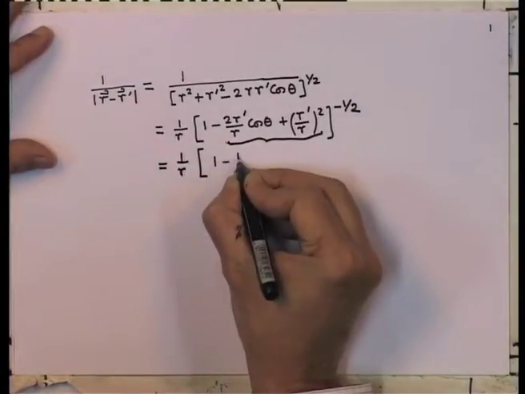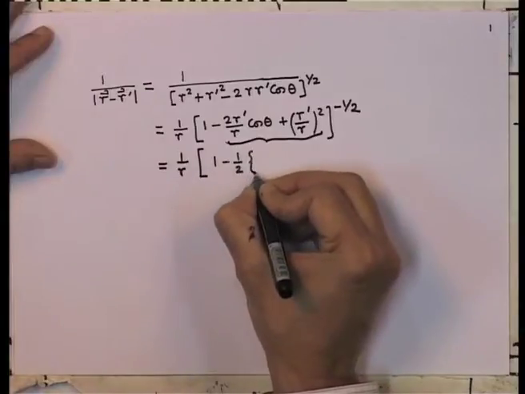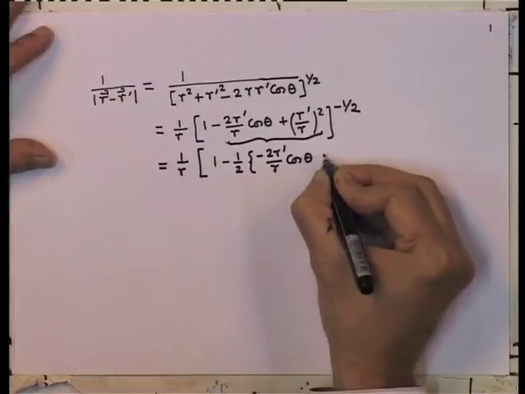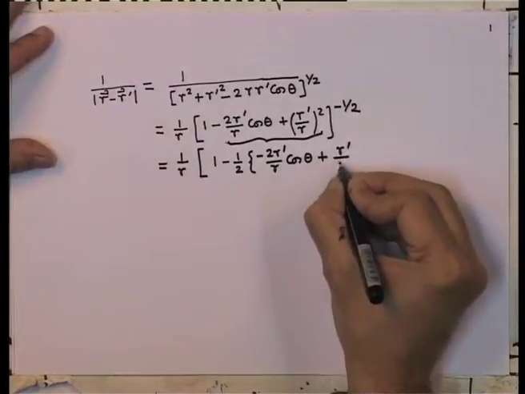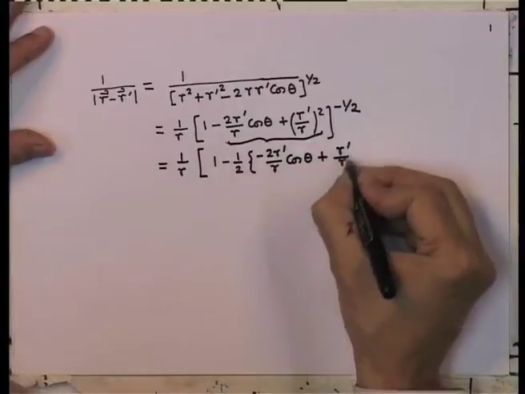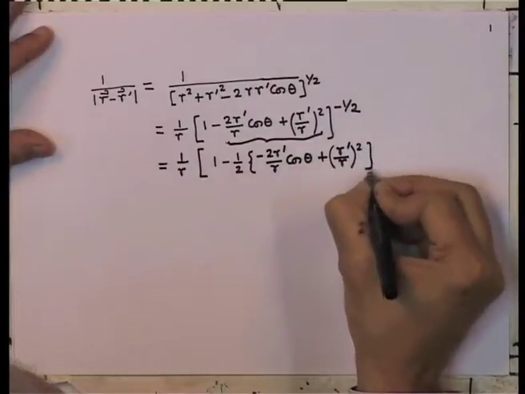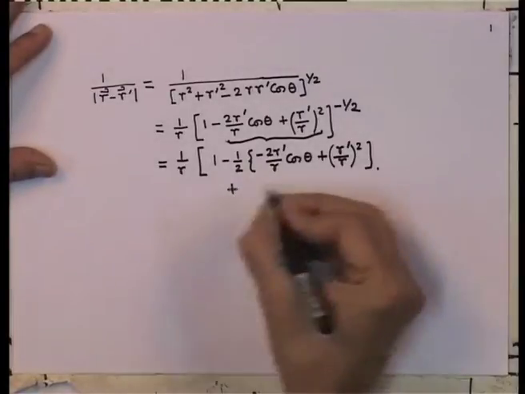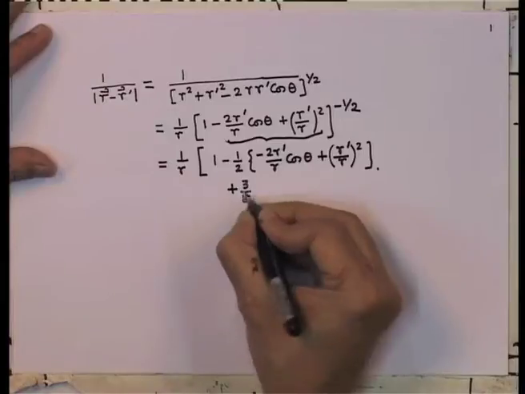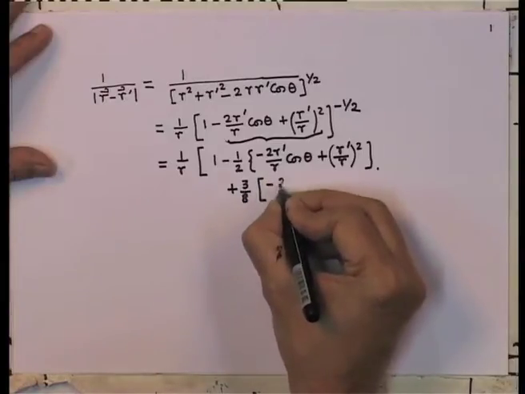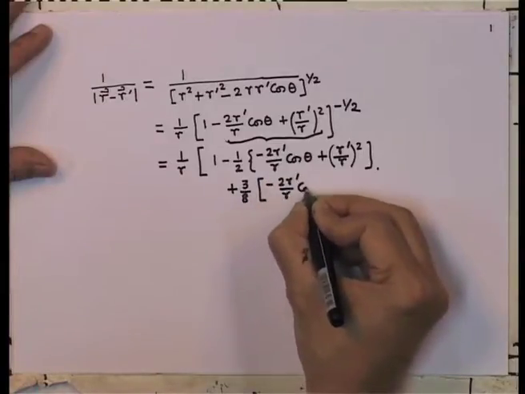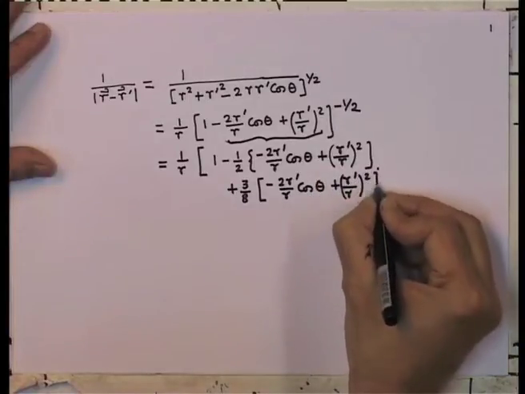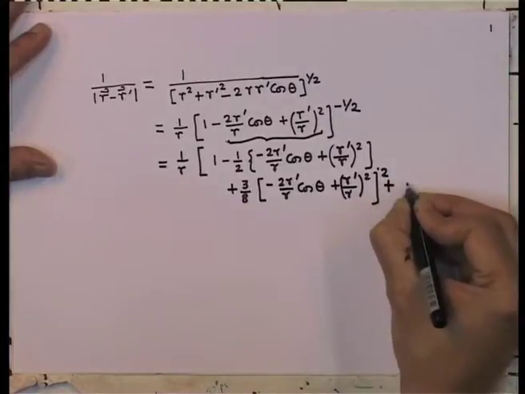That gives me 1 minus half into minus 2 r prime by r cos theta plus r prime by r whole square, and then n into n plus 1 by factorial 2, that is 3 by 8, into minus 2 r prime by r cos theta plus r prime by r whole square, and this whole thing is squared, plus dot dot dot.